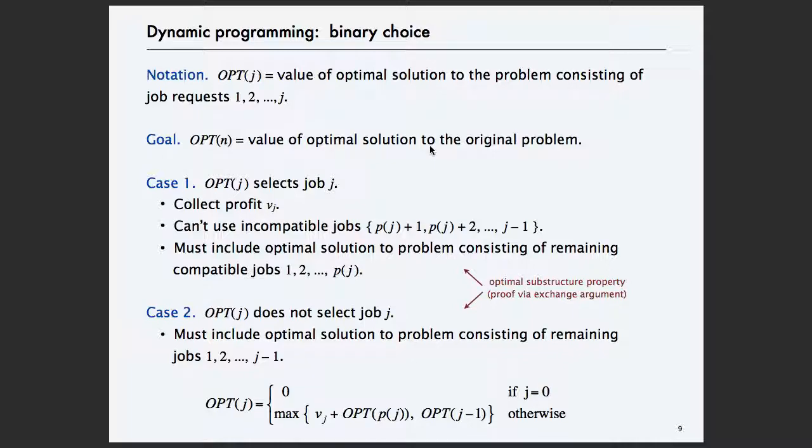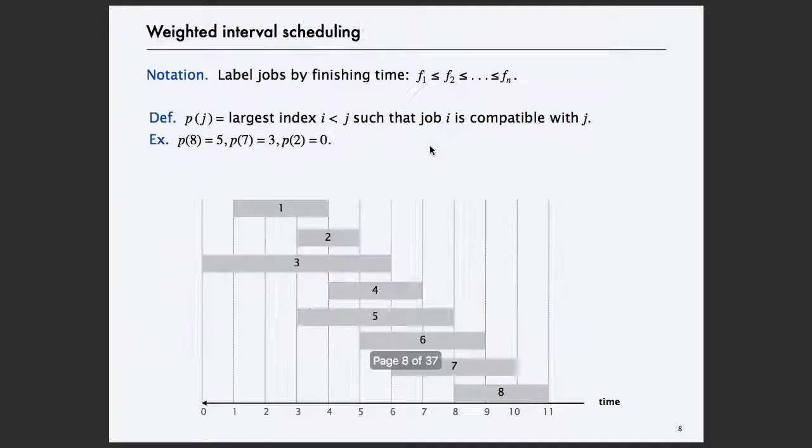What's going to be the value of this solution? Well, it is however much weight J has, or job J has, plus the optimal solution up to P of J. Does that make sense? What is P of J again? P of J is the largest index that doesn't overlap.